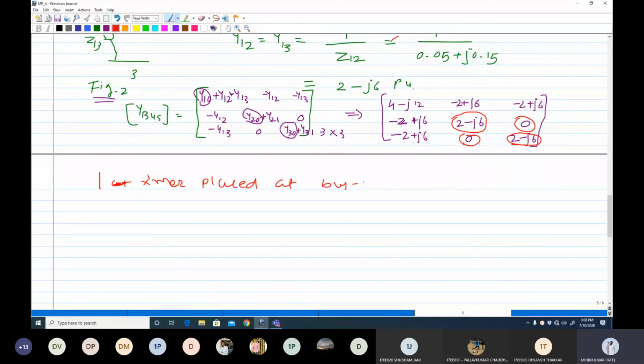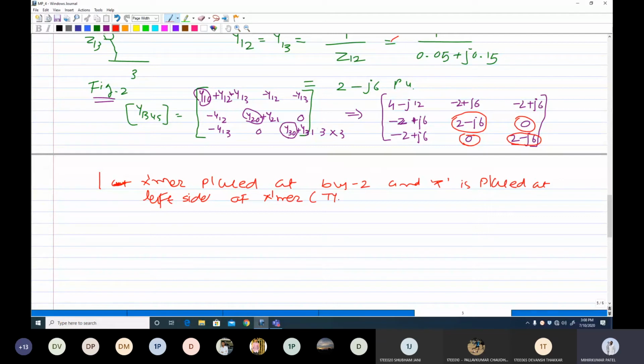From the figure you can easily realize, at 2, and the line model or pi model is placed or considered at the left side of your transformer.